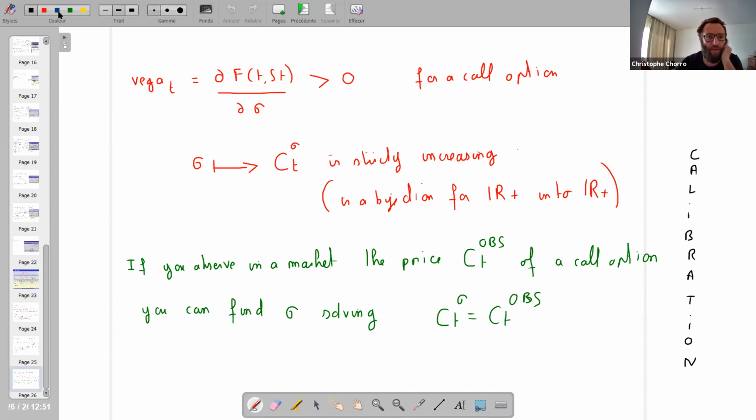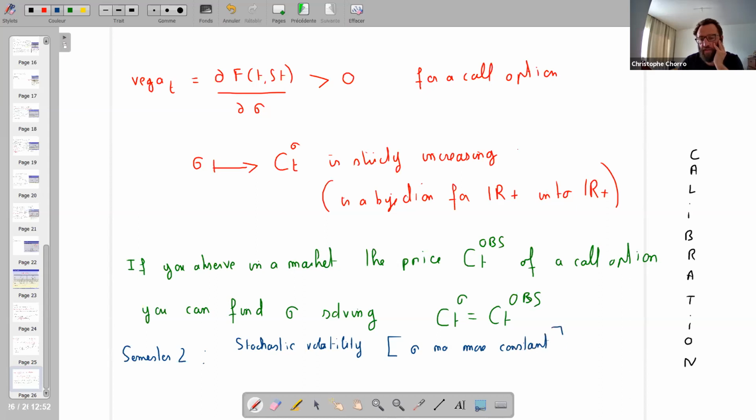So it is in relation with two courses that you are going to do in the second semester. You will have a course, if you take it, on stochastic volatility. So in some sense, sigma is no more constant.